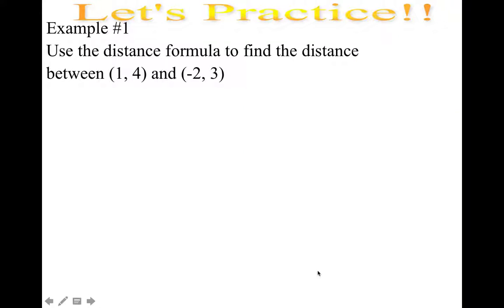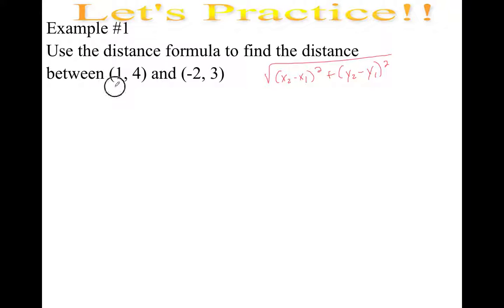So let's look at number one. Number one says use the distance formula to find the distance between these two points. The first thing I ask students to do, besides writing down the distance formula, is x2 minus x1 in parentheses squared plus y2 minus y1 in parentheses squared.